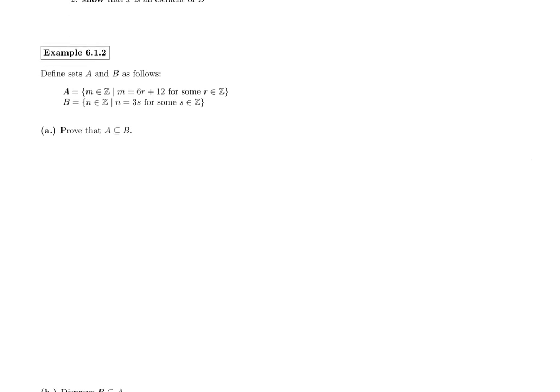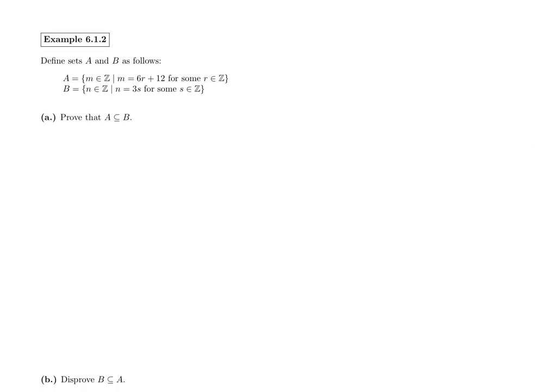In example 6.1.2, we have the sets A and B, and they are defined as follows. Set A is the set of integers m such that m is equal to 6r plus 12 for some r in the set of integers. Set B is the set of integers n such that n is equal to 3s for some s in the set of integers.